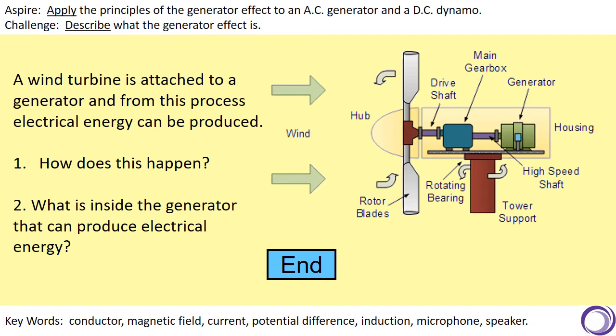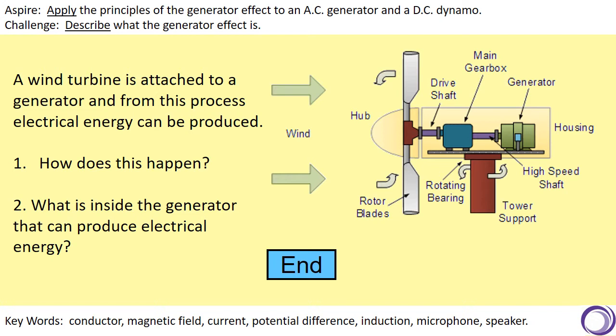So the wind energy, that's kinetic. So you've got a kinetic energy store in the wind, and that kinetic energy store from the wind causes the rotor blades to spin. So you then end up with a kinetic energy store in the blades as they rotate.